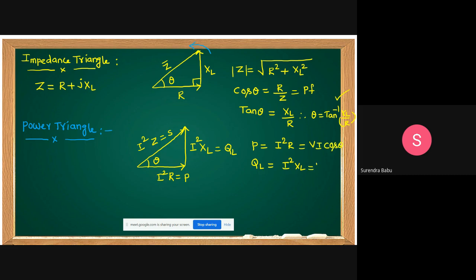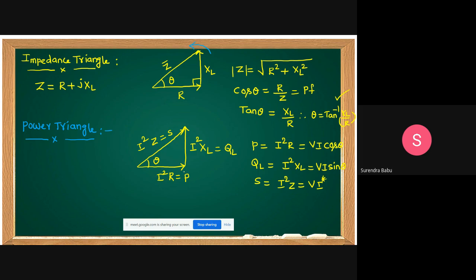This is equal to which one, students? VI sin theta. Then what is the complex power? I square Z, which is also equal to VI conjugate. Clear, students?